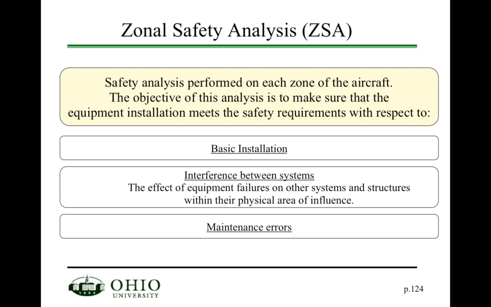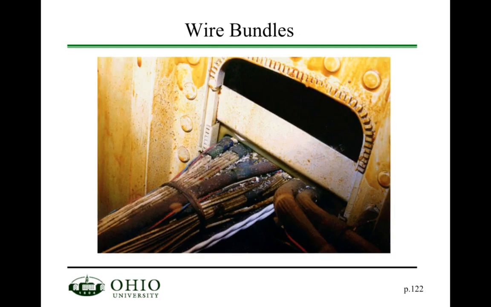These are problems, and this wire bundle is one of these examples. You see that these bundles run through a particular zone of the aircraft.